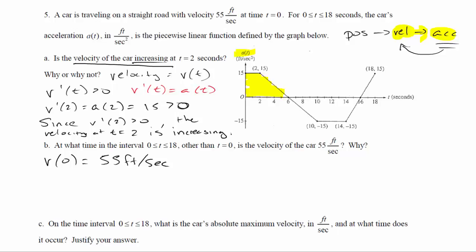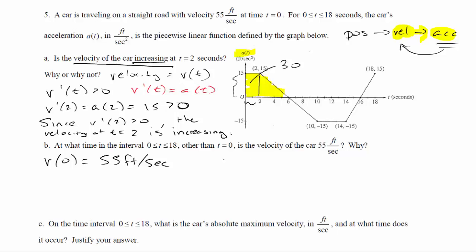So if I wanted to break this down just for one example, let's go up to 2. Since this is the graph of acceleration, the area represents velocity. Well, if I look at the velocity, 2 times 15 is 30.